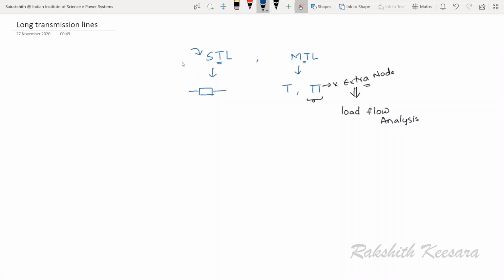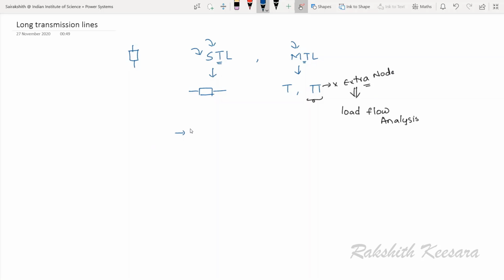If you observe the kind of analysis that we did for short and medium, we can infer two things. The first one is we have neglected some parameters. While coming to short transmission line, we neglected the shunt parameters completely. While coming to the medium transmission line, we neglected the shunt conductance.